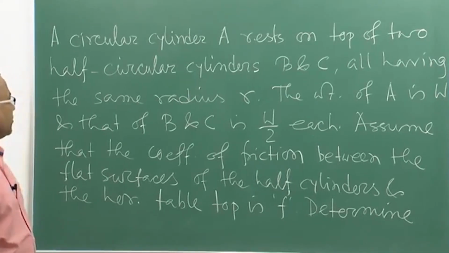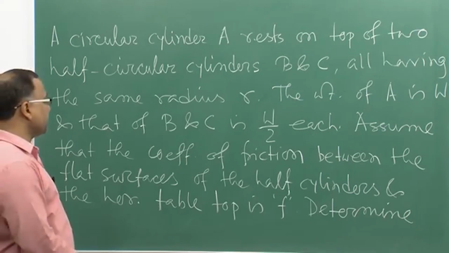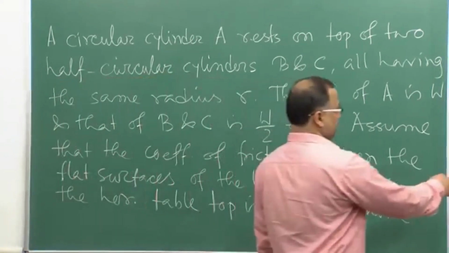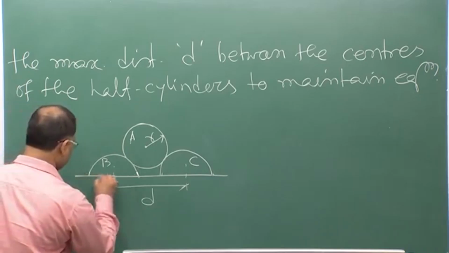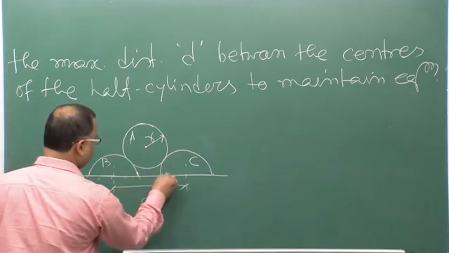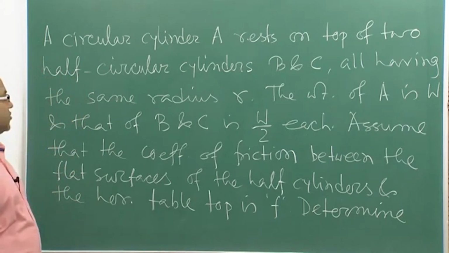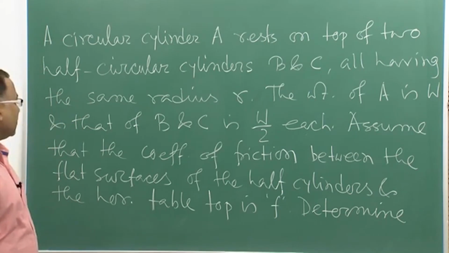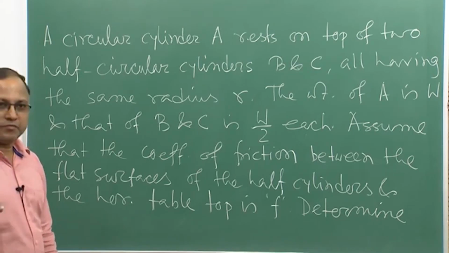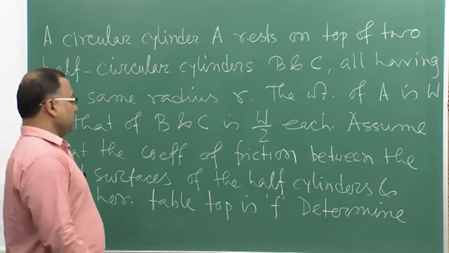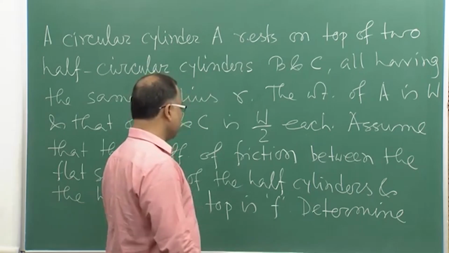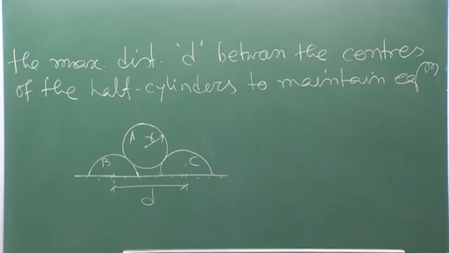Assume that the coefficient of friction between the flat surfaces of the half cylinders and the horizontal tabletop is small f. So, determine the maximum distance d between the centers of the half cylinders to maintain equilibrium.